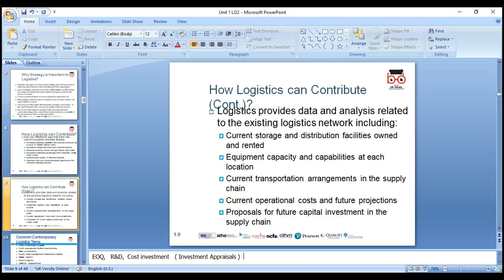Basically, capital investment means investing in assets, non-current assets such as buildings, plants, machineries. That's capital investment.